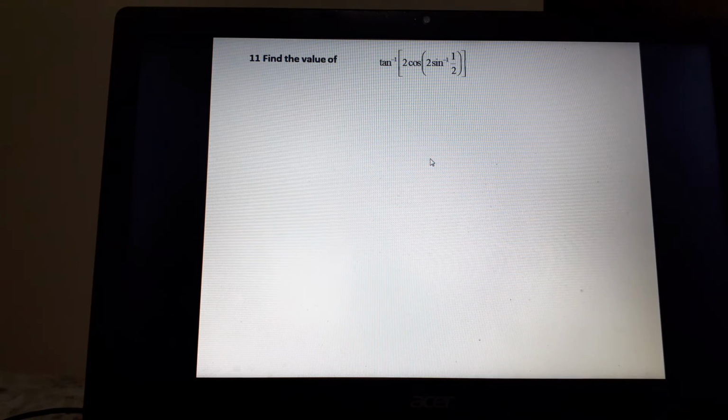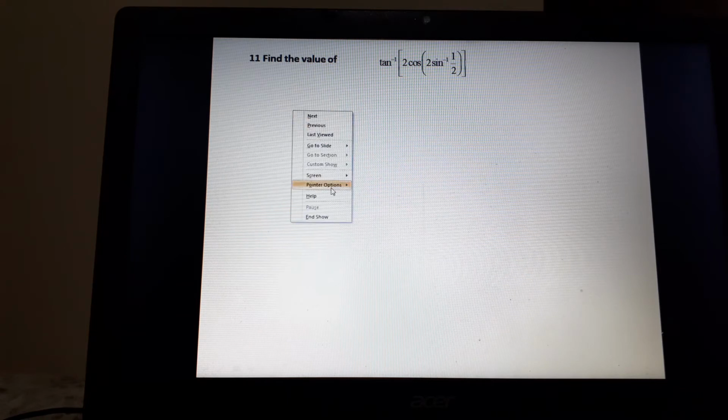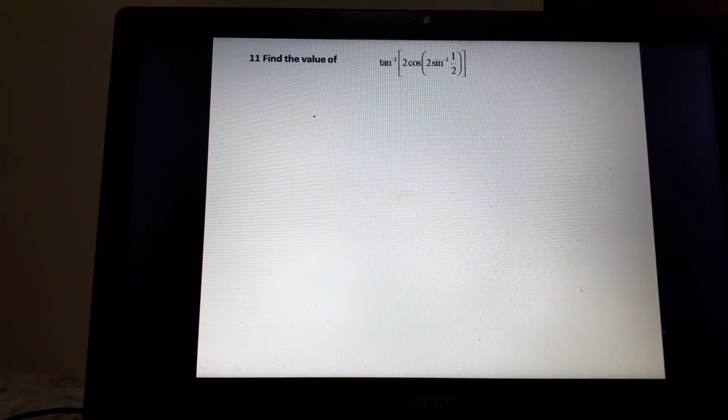Next question, the 11th one. Here the question is of a different type. So we have to find the value. So let us take tan inverse of 2 cos of 2 sine inverse half, in brackets.